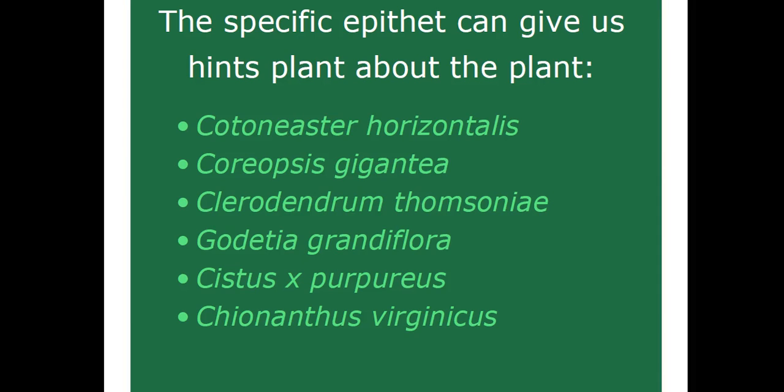So here are some names. Of course, not all of these are woody plants, but Cotoneaster horizontalis. Guess what? Cotoneaster grows horizontally. It's a spreading woody plant. Coreopsis gigantea. What do you think that means?